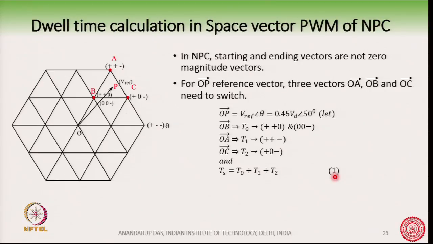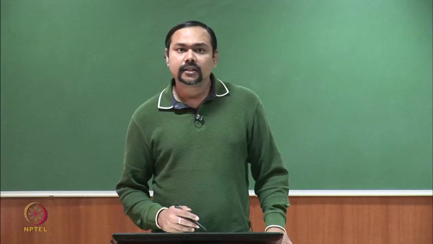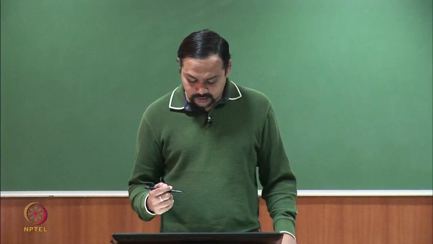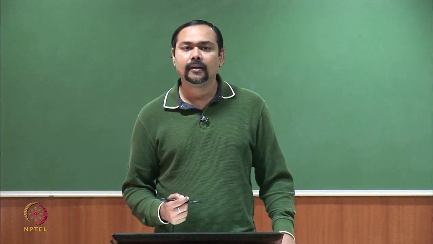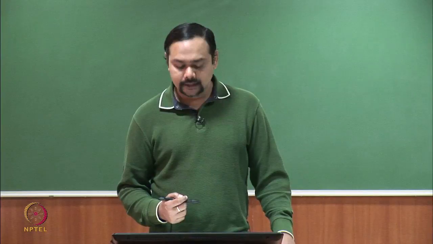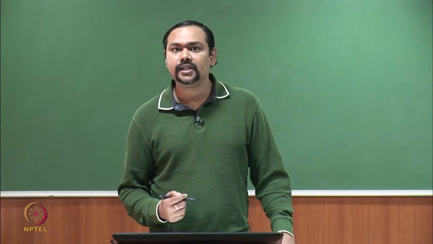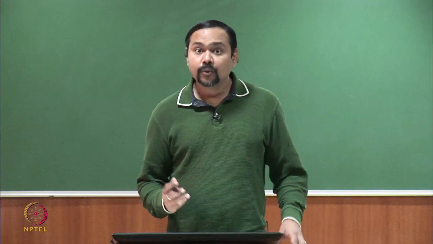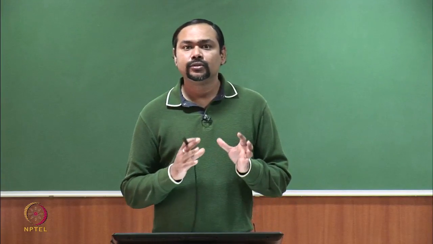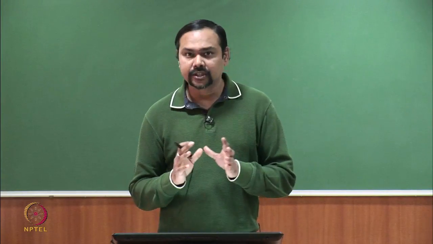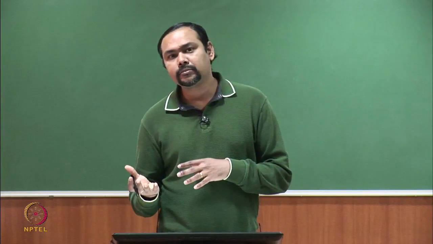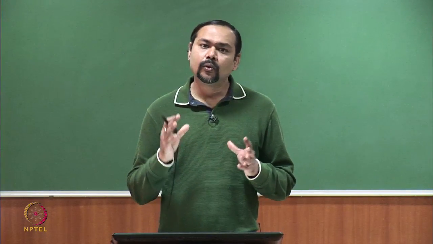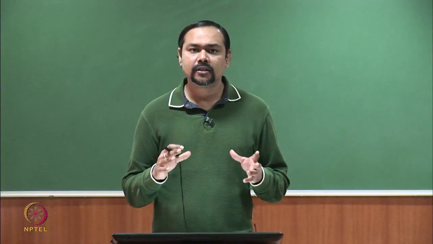T2 time. The question that may come up is why the OB vector is the chosen vector for T0. You could have also switched other durations, like the OC vector can be chosen for T0 and the OA vector can be chosen for T2 time.